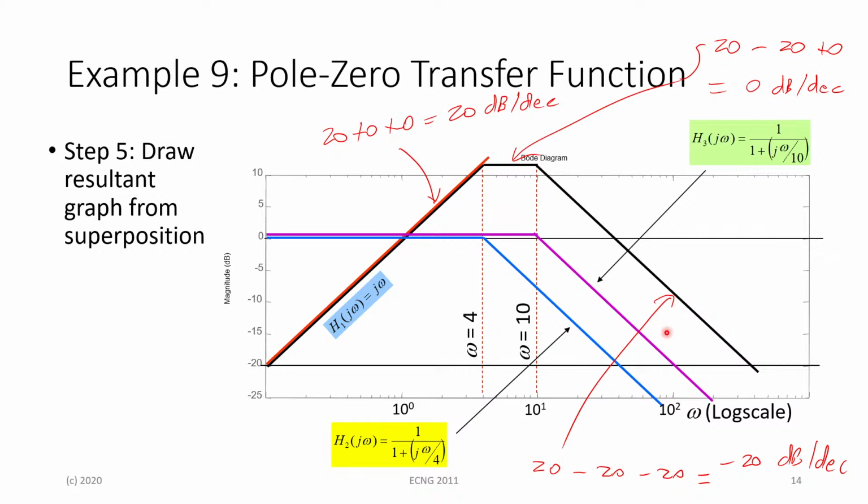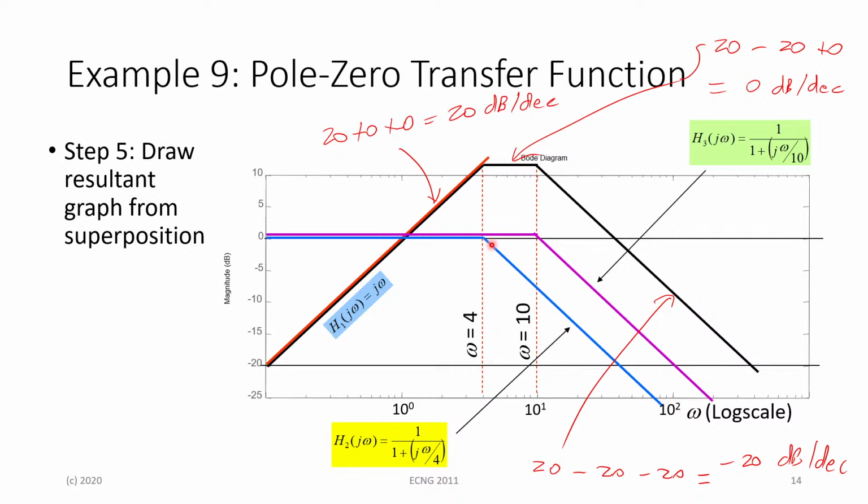But the final part here, which is after omega equals 10, this H1 j omega graph, remember, still keeps on going throughout the entire graph. So this is just going all the way up with a constant gradient of positive 20 decibels per decade. So for H1 here, the gradient is 20 decibels per decade because that just keeps on going throughout the entire graph.